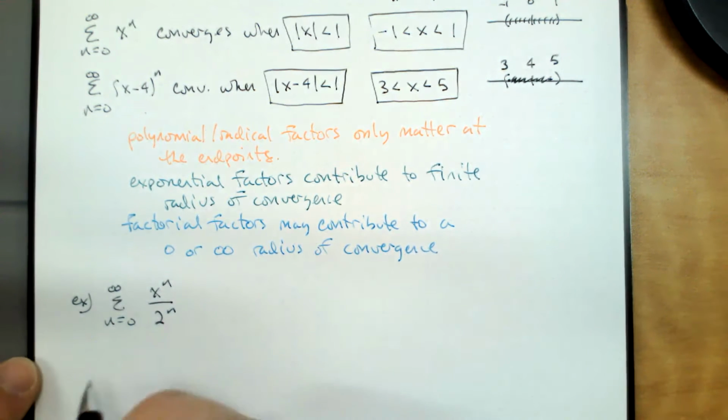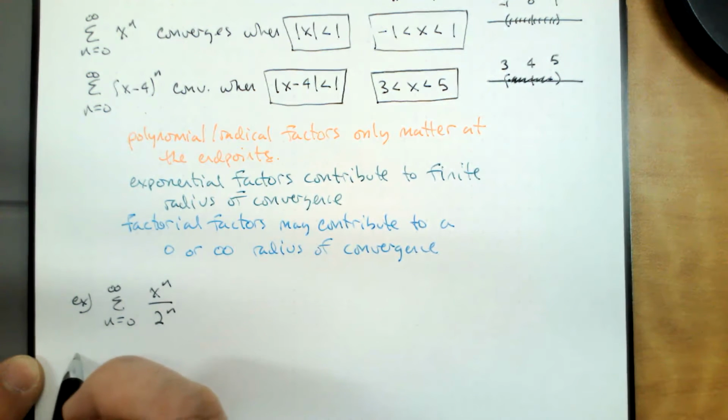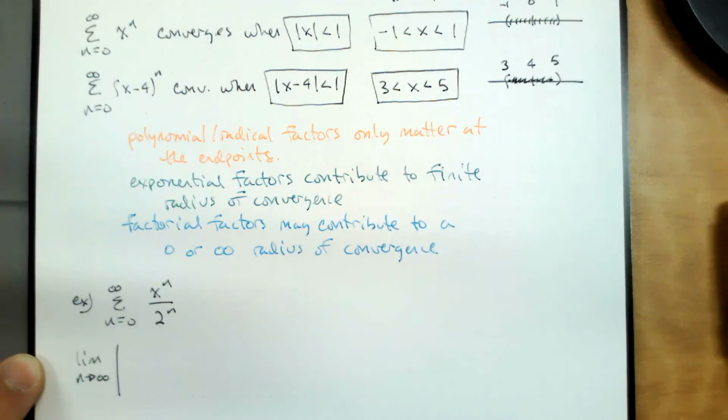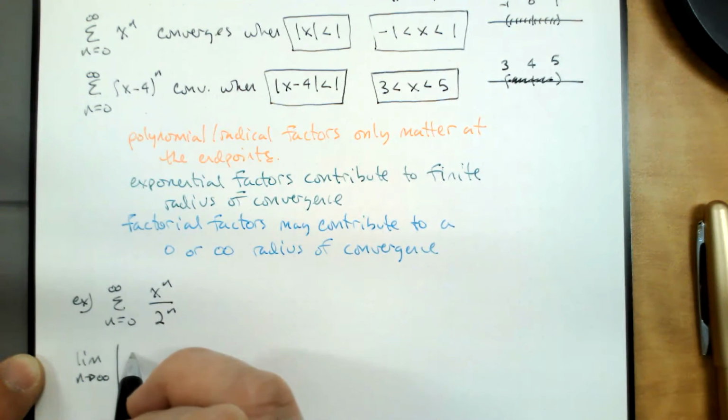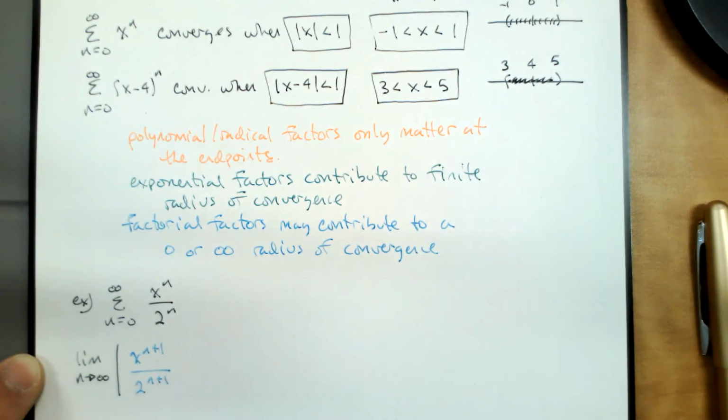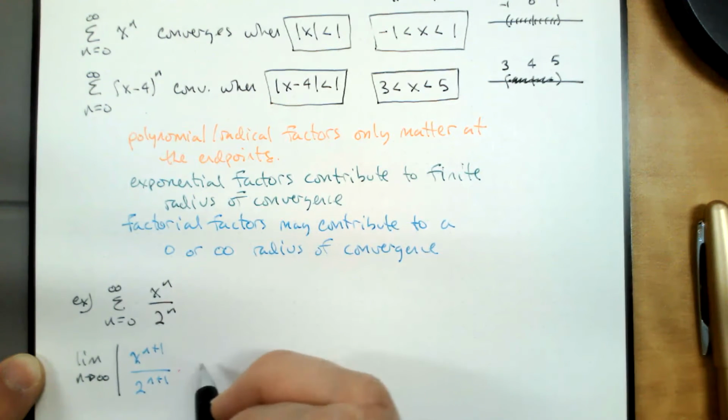Let's see the ratio test on this. Take the limit as n goes to infinity of the absolute value of a sub n plus 1 divided by a sub n, or times 1 over a sub n.